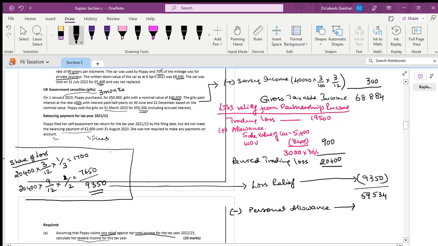How much is the personal allowance? 12,570. So it's 46,964. This is taxable.